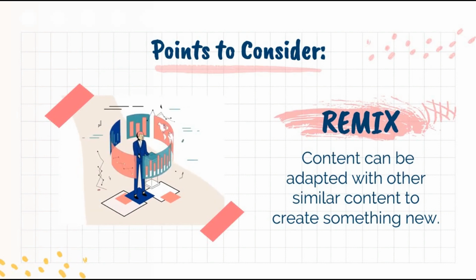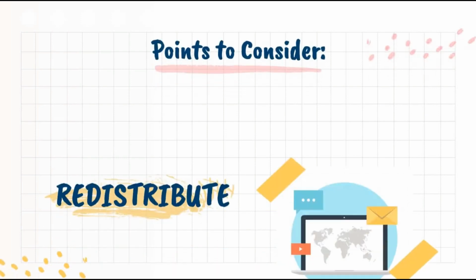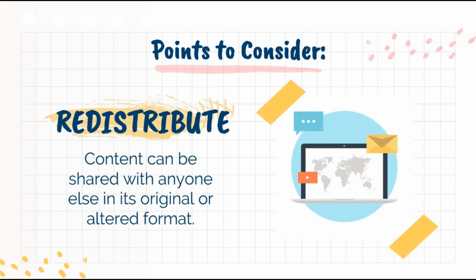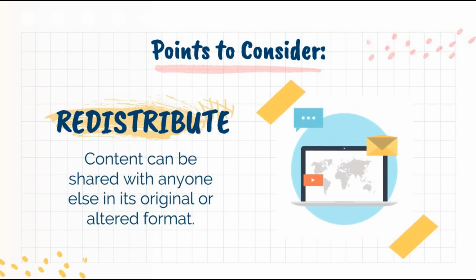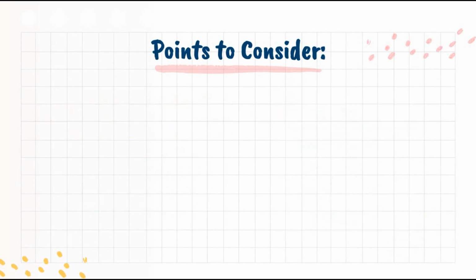Meaning you can combine your original or revised copy of the resource with other existing material to create something new like a mashup. And fifth is redistribute. Content can be shared with anyone else, in its original or altered format. Hence, you can share copies of your original, revised, or remixed copy of the resource with others, like posting a copy online or giving one to a friend, or sharing it with the class.